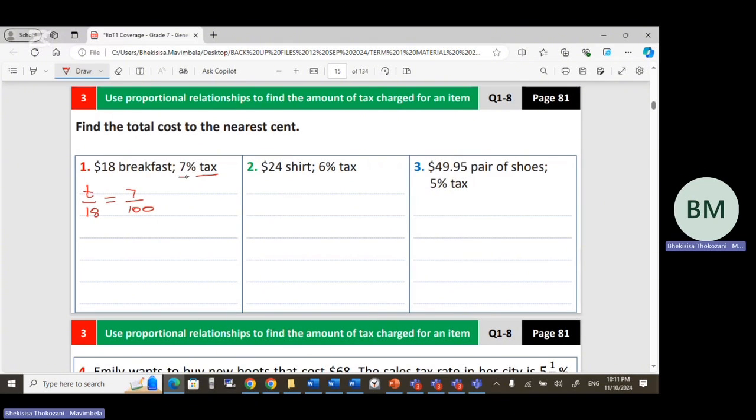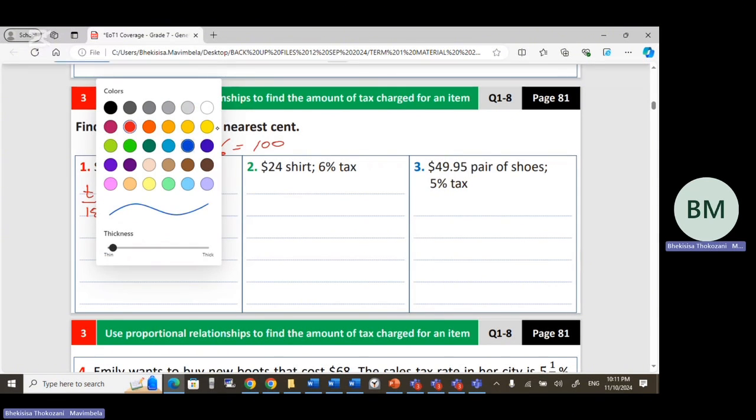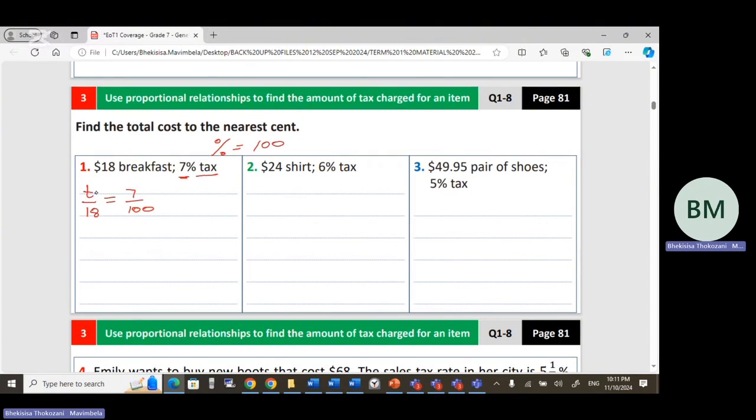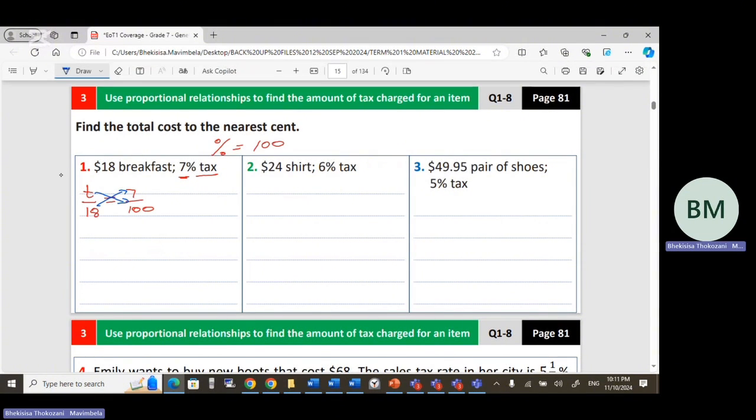Why 7 over 100? Every time you see this, remember this is the same as saying out of 100. Okay? And then I will cross multiply. I can just cross multiply these two, and multiply those two there.